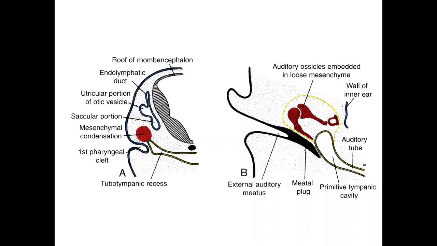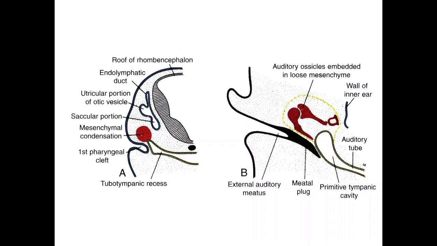As you remember, the Meckel's cartilage is in the first pharyngeal arch, and the stapes is a second arch derivative. So malleus and incus are from the first, and the stapes is from the second pharyngeal arch.